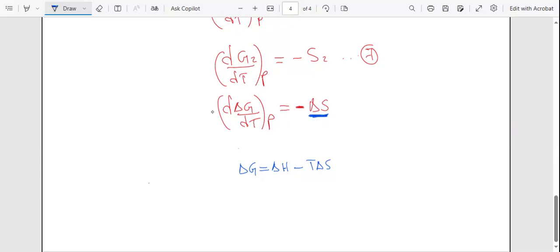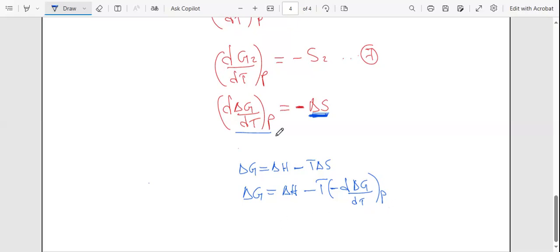In fact, this negative I can take it there. So the change in Gibbs is equal to enthalpy change minus T, and there's a minus again. I'm now substituting because entropy change is equal to that, and there's a negative, so I'll attach a negative there. So that will be d change in G over dT at constant pressure.